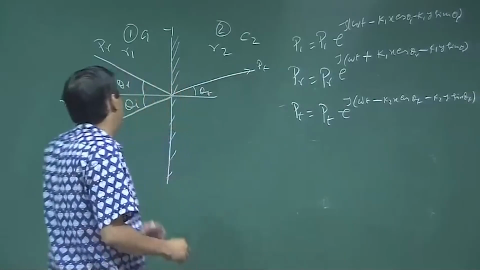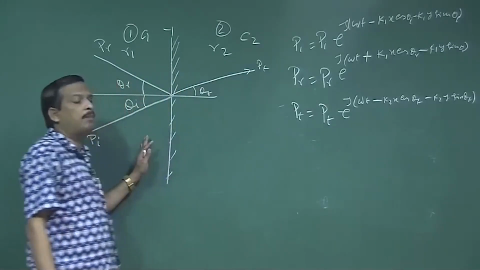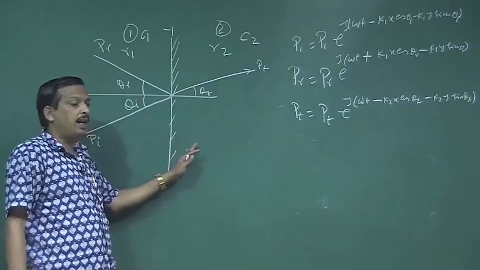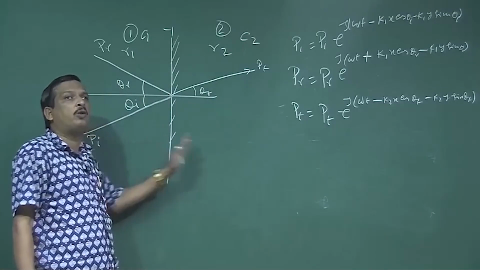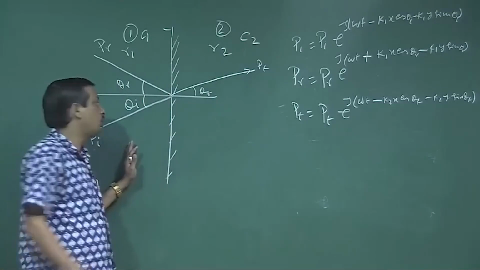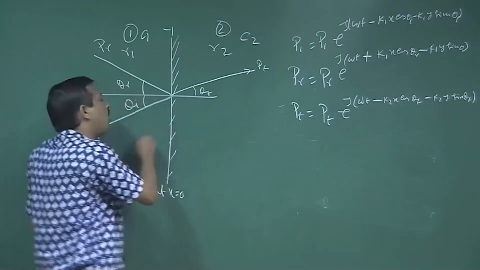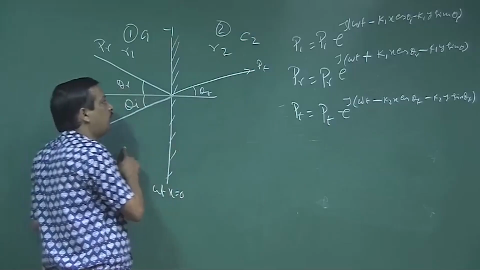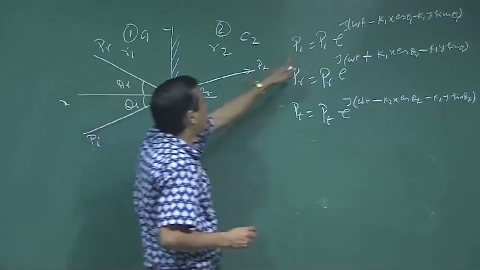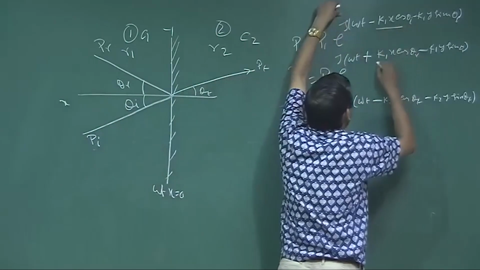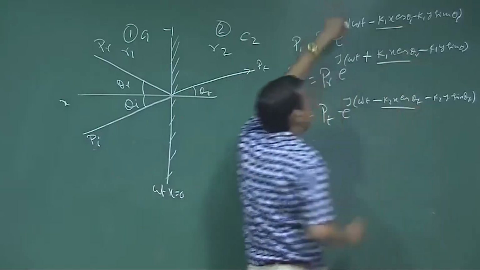Now, the condition at the boundary, what I said: at the boundary the pressure on both sides will be equal. So at x equal to 0, the pressure on both sides will be the same, and the x term will vanish at x equal to 0.